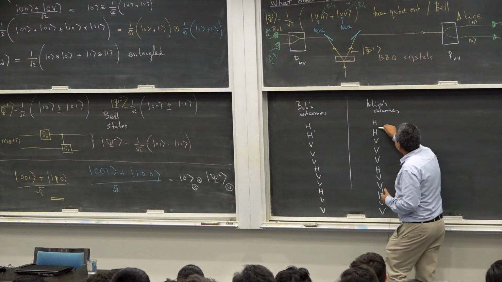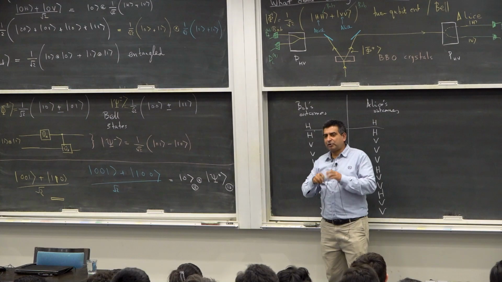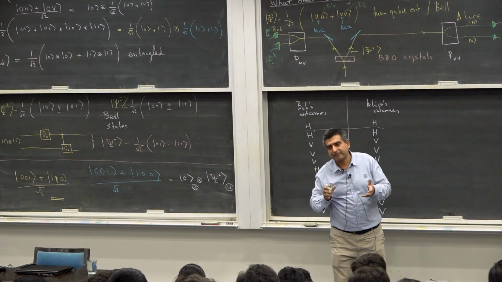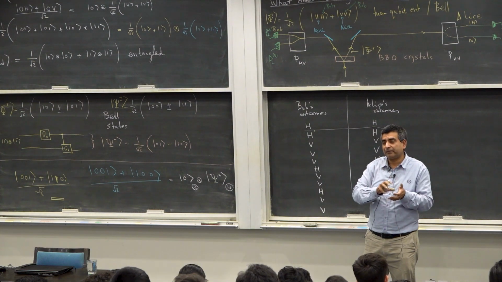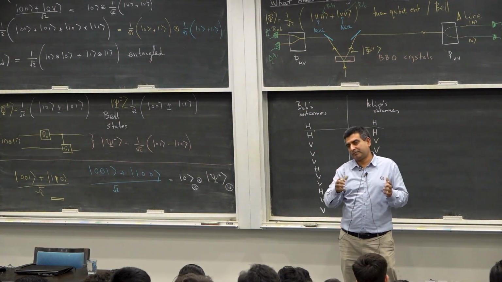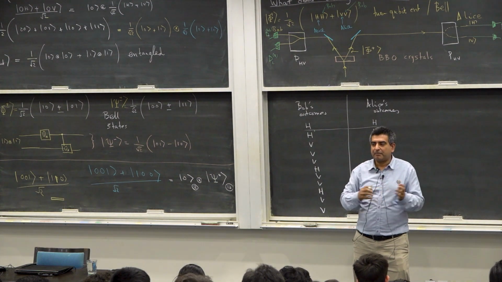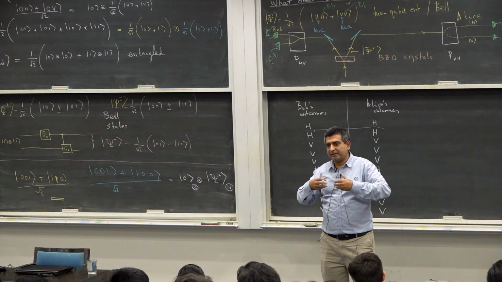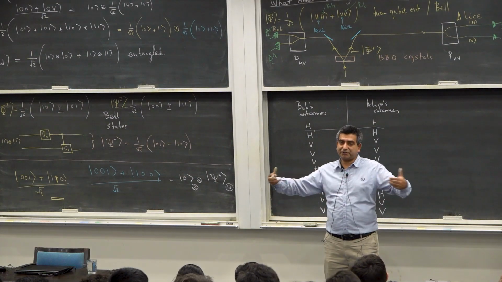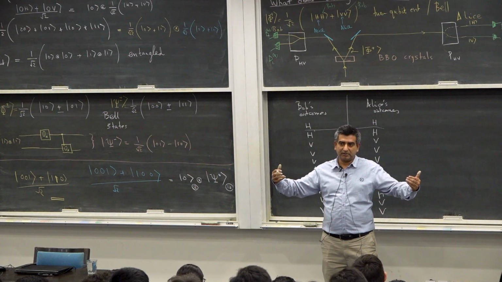So this is a correlation between the two qubits. When each qubit is looked at on its own, it appears to be totally random. But when the two measurement outcomes are compared, there is perfect correlation or anti-correlation between them.